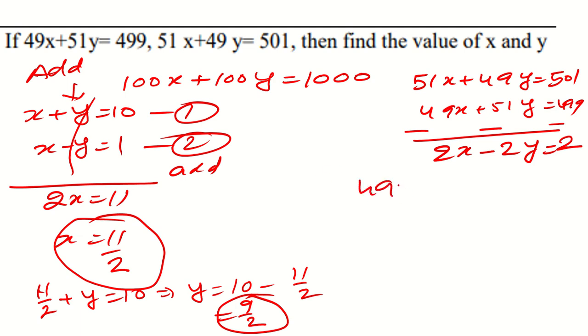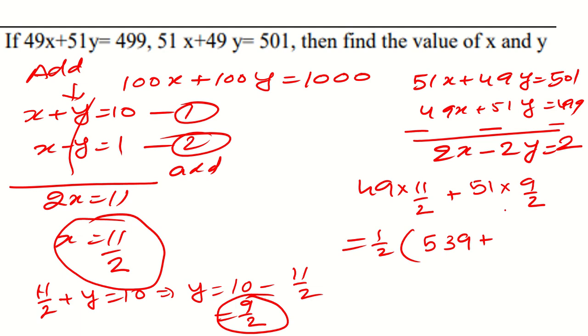Okay, 49 multiplied by the value of x, which was 11 over 2, plus 51 times 9 over 2. Can we take something common from here? 1 over 2 can be taken common. 11 times 9, 99. 11 times 4, 44. 44 and 9, 53, plus 9 ones are 9, 9 fives are 45.